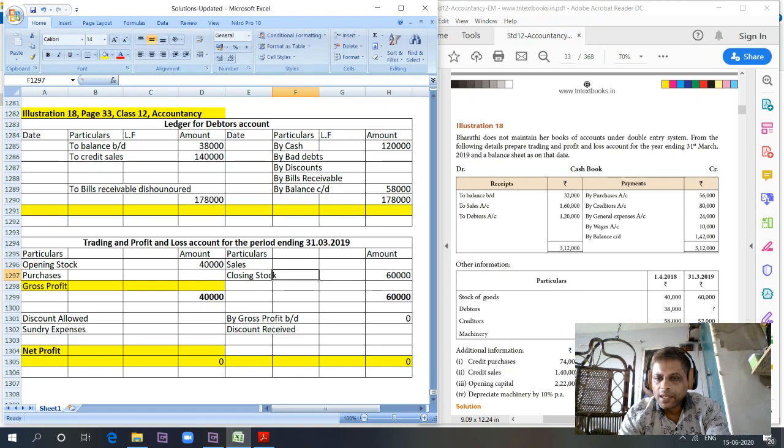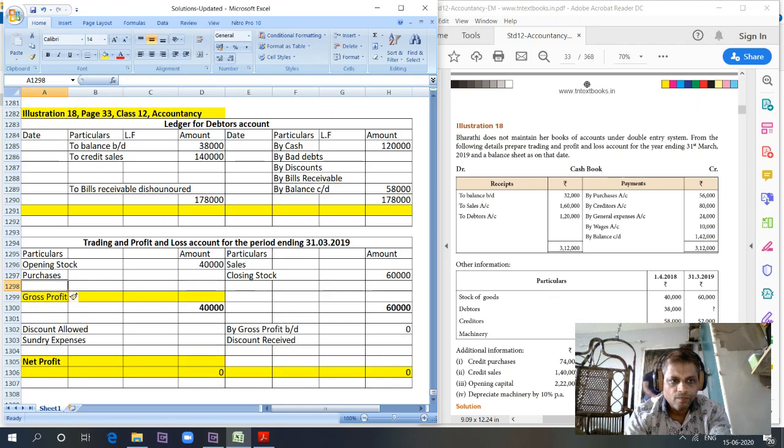Is there any cash purchases? Yes, we have cash purchases. So we'll add one line here. Credit purchases. How will we get credit purchases? It is given here in the sum, 74,000. How do we identify cash purchase? You can see here purchases account debit.